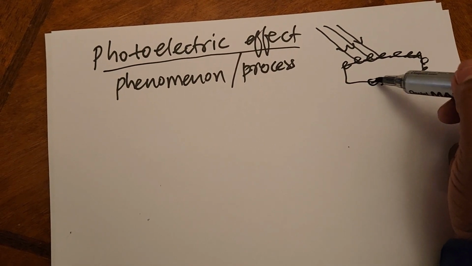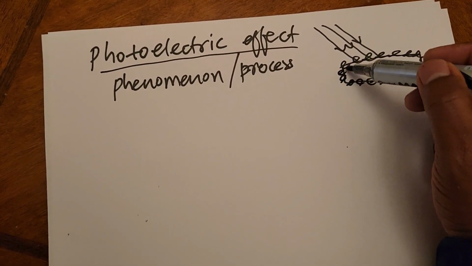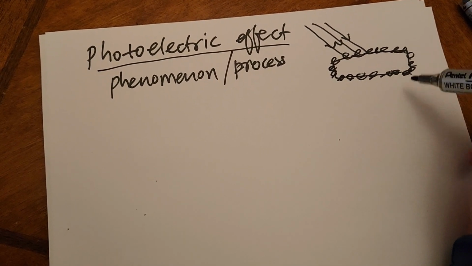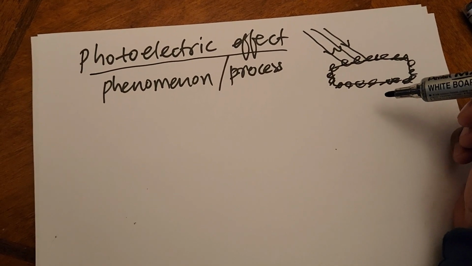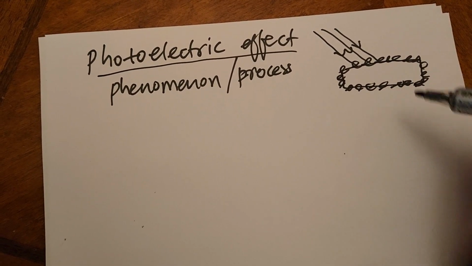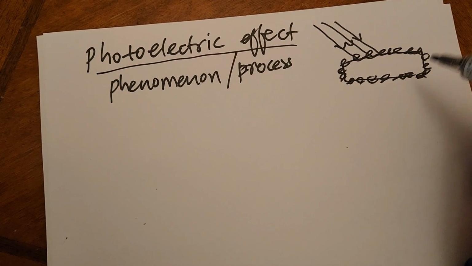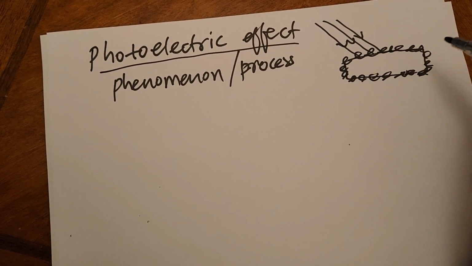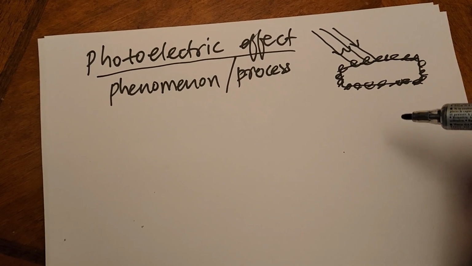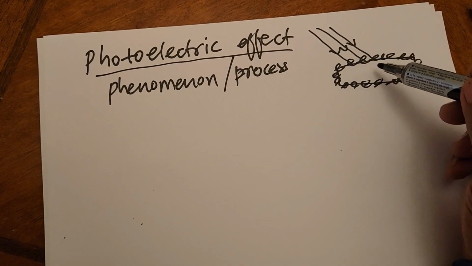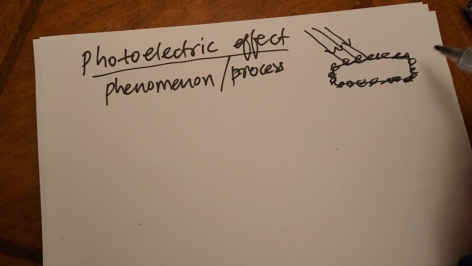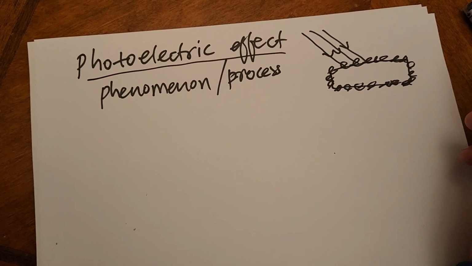If we use chemistry, we know that the center of any atom is the nucleus, which is positively charged. Therefore, electrons are the particles that are normally exposed to any action coming from outside. So when light is irradiated on a metal, the particles that will be exposed will be electrons.